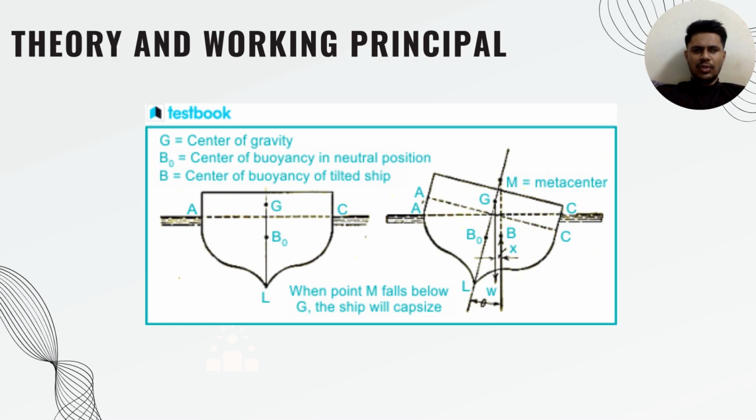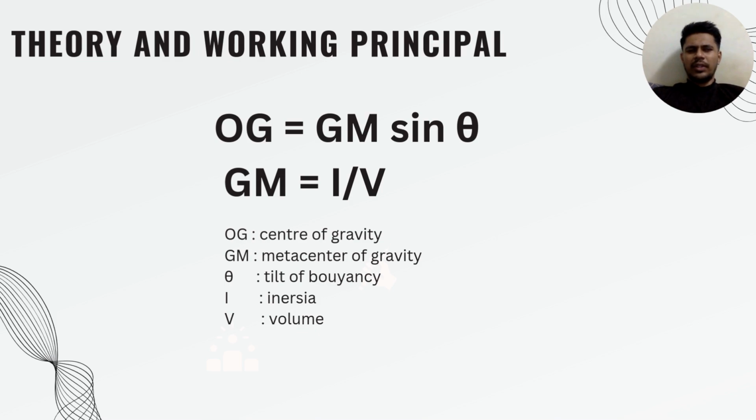So when the ship is tilted, the center of buoyancy also moves, as you can see in the second tilt shift. The movement is measured as the angle theta, and it increases as the tilt increases. As you can see from the equation, OG equals GM sine theta, and GM equals I over V, where OG is the shift of the center of gravity, GM is the metacentric height, theta is the tilt angle, I is the moment of inertia, and V is the volume.